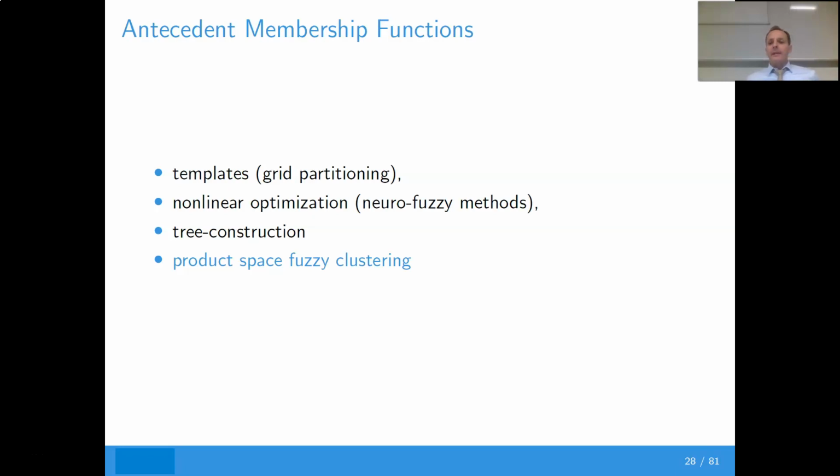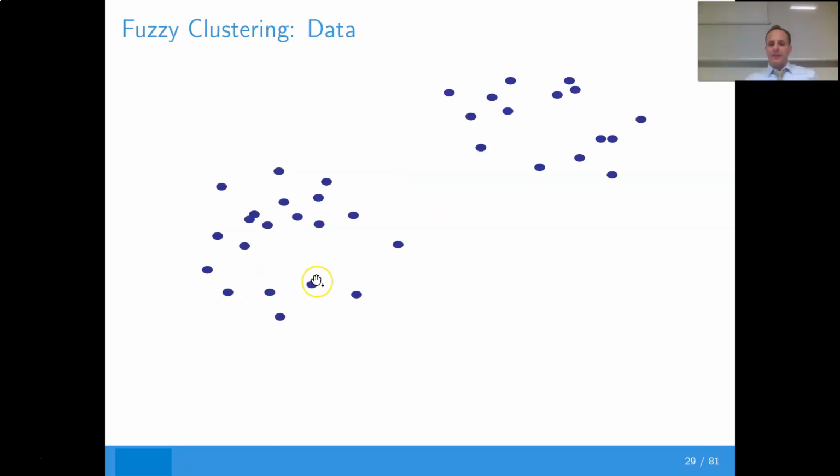And the way we are using here, used for introducing the problem of the nonlinear optimization, is called product space fuzzy clustering. So what is the idea of the fuzzy clustering of the data? Let's assume we have two clusters, as in this case. What is the concept of a cluster?